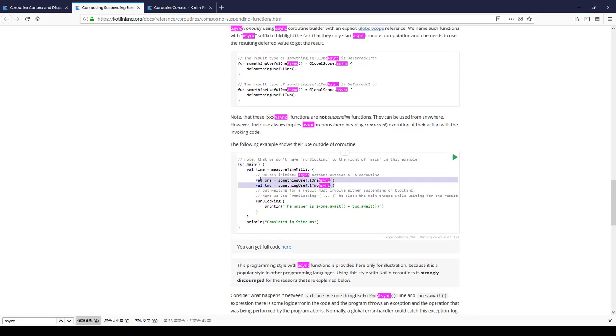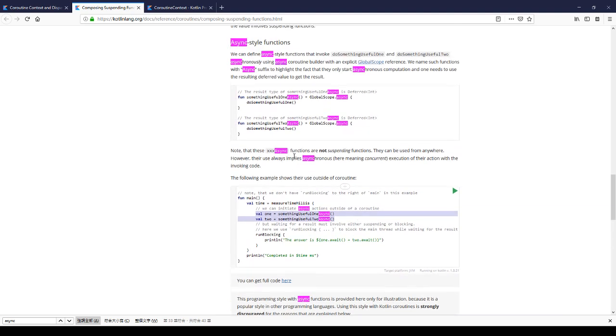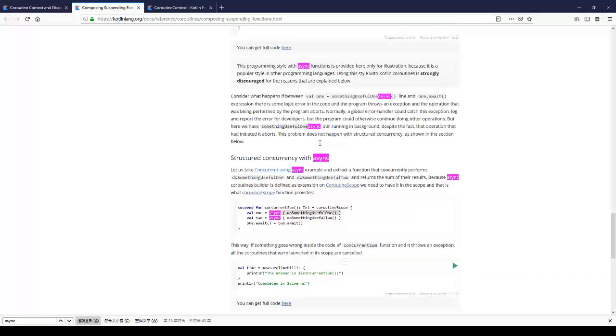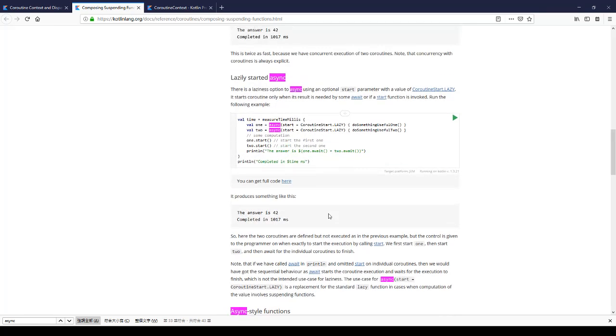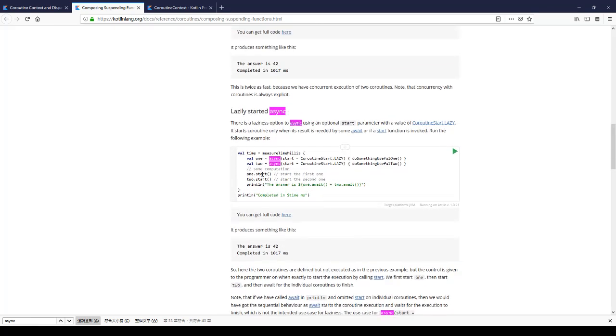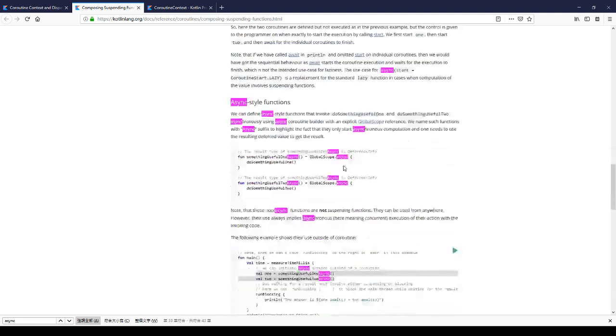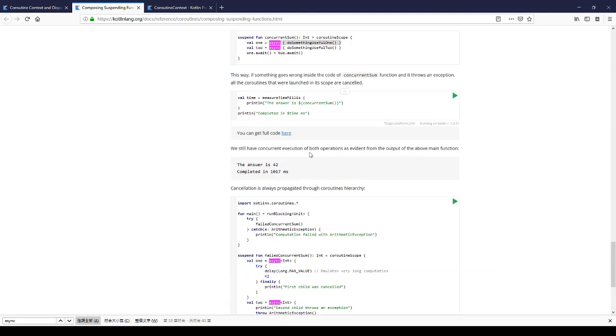If there is no... oh, lazily started. If yeah, it defaults to not being lazily started, but anyway.